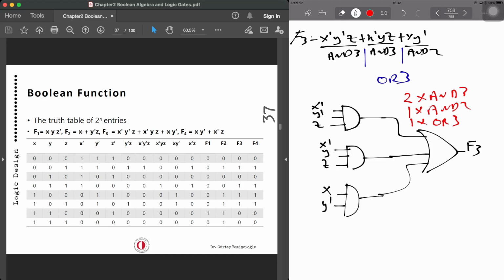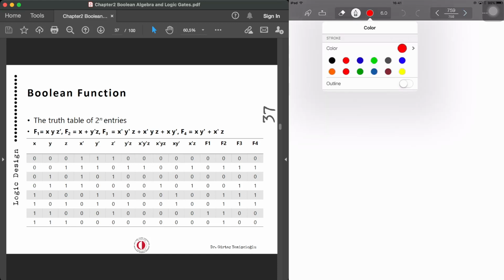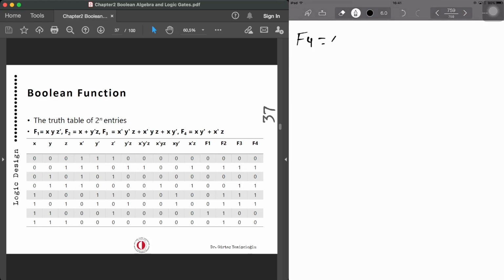Now let's check F4, which is going to give us the same expression. So F4 is x y prime or x prime z. Now what I have got over here are AND gates with two inputs, and of course an OR gate which combines them with two inputs.